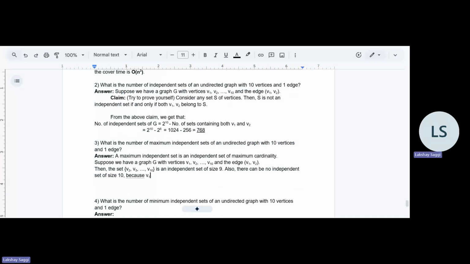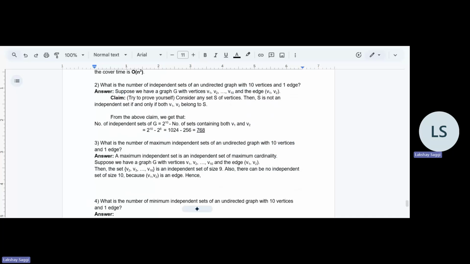So this is not possible because (V1, V2) is an edge. And what this means is, what you're trying to find out is, first we are trying to find out the maximum cardinality independent set, and then we'll see how many sets are possible for such size.